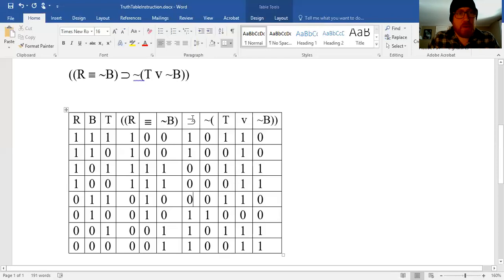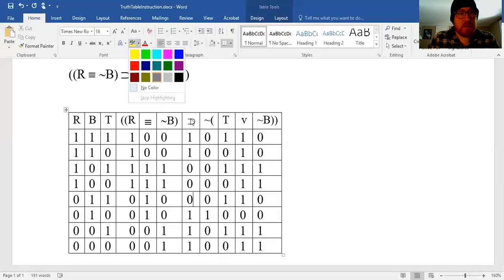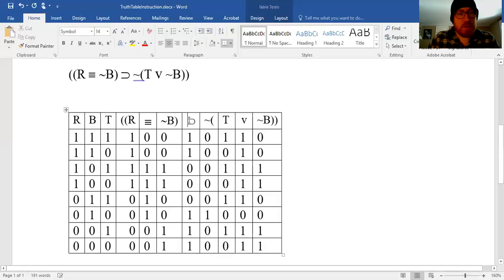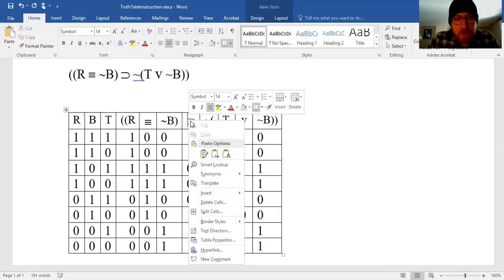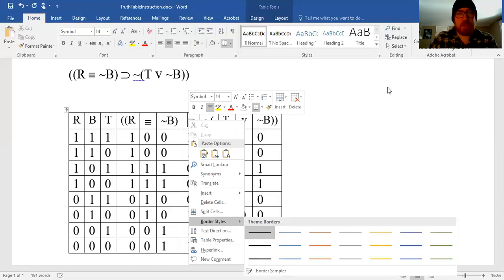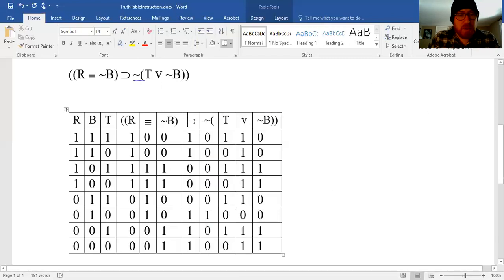If it's easier, go ahead and highlight that column so you can see what it is. Under the conditional, we have true, true, false, false, false, true, true, true.